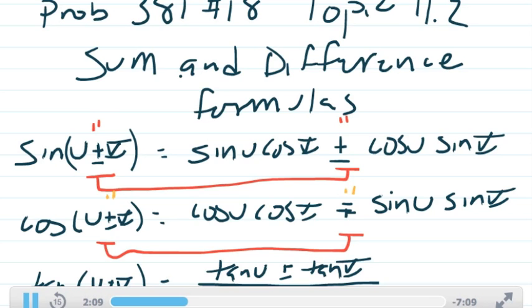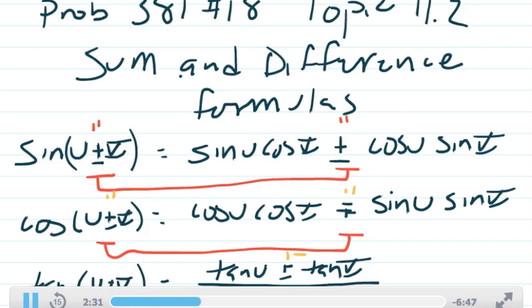So what that means is if this is a plus, that's a minus. If this is a minus, this is a plus. So you need to be sure that you keep straight what those are. Again, you should have those in your notebook and on your reference card.